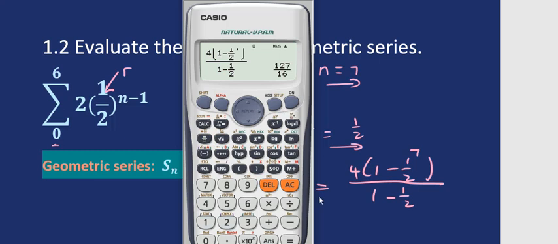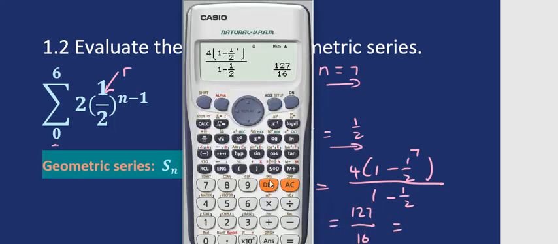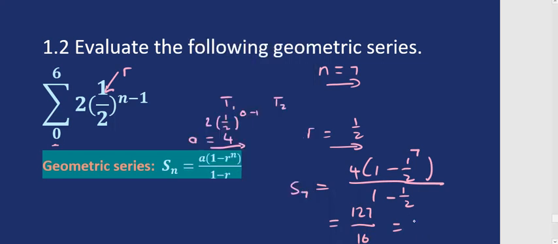That is the sum we get for this series, 127 over 16. If we wanted to simplify that, it would simplify to 7.9375. That would be the sum of the geometric series.